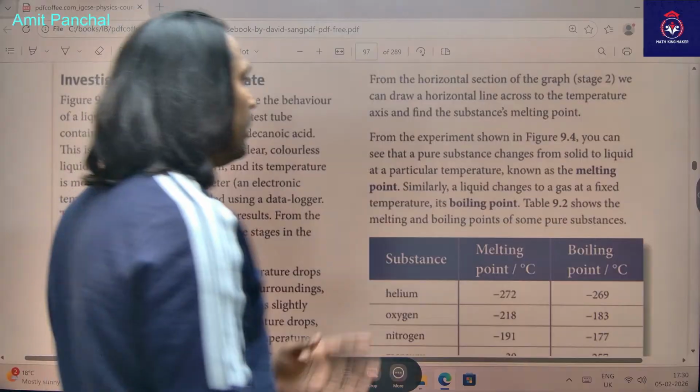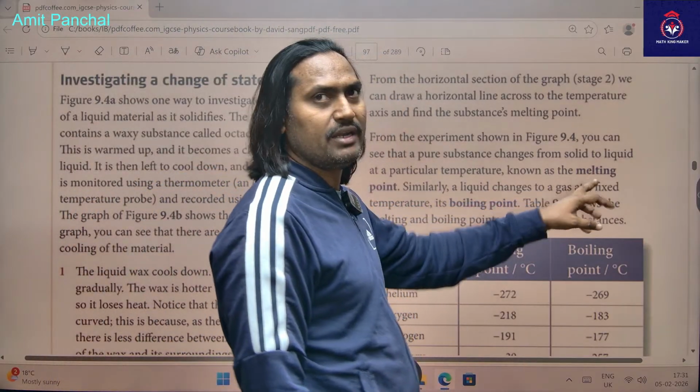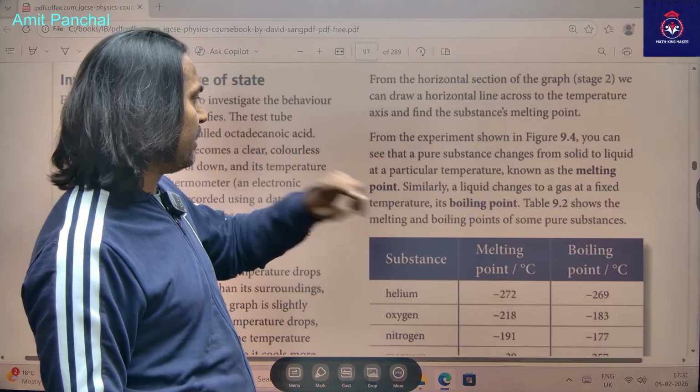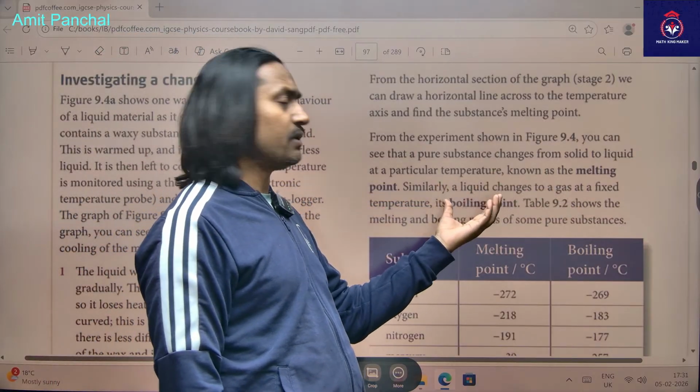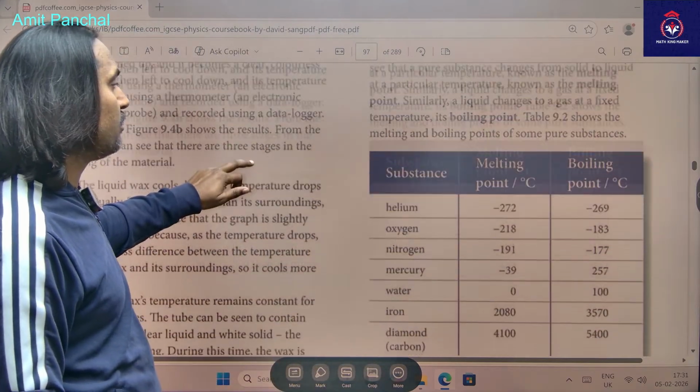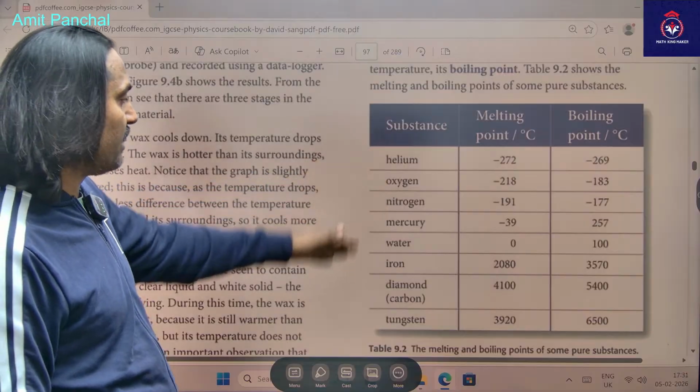That temperature is said to be the melting point. And when a liquid changes to gas at a particular temperature, the temperature is said to be the boiling point.